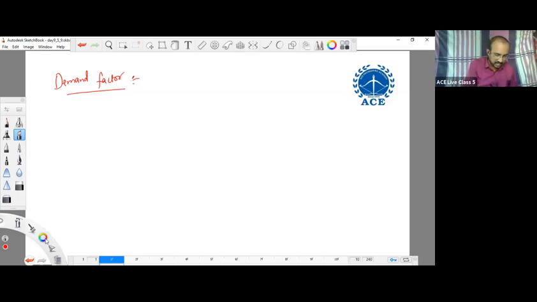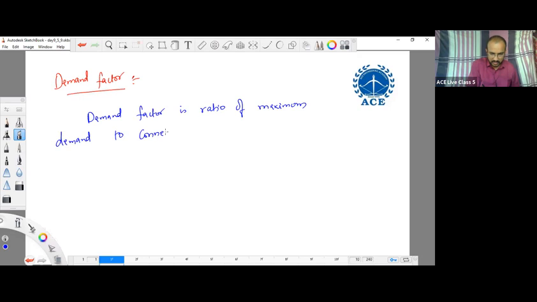Demand factor is the ratio of maximum demand to connected load. So how do we calculate the demand factor? It is the maximum demand divided by connected load.